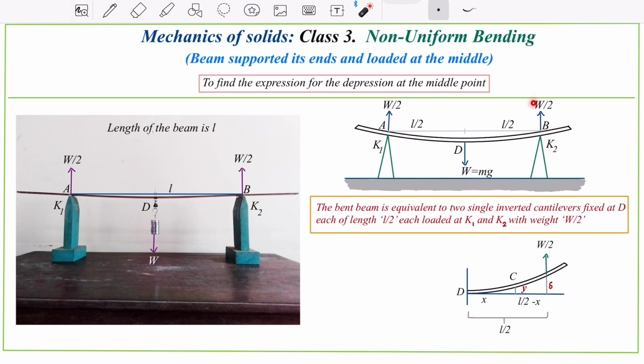So we can consider this situation as a combination of two inverted cantilevers, that is, cantilevers which are bent upwards. The cantilevers are fixed at D and bend upwards with weight W by 2, which is pointing upwards. Here W by 2 is actually the reaction force. W by 2 is the reaction.